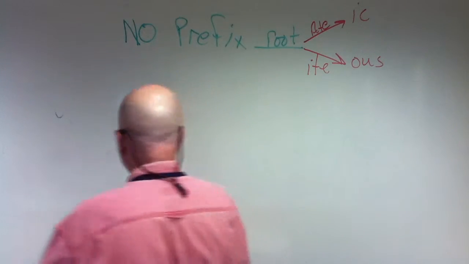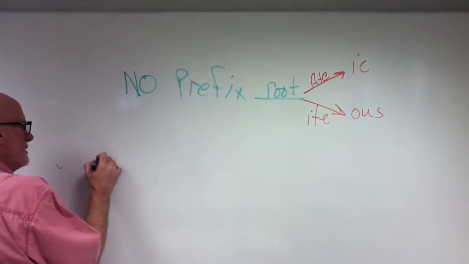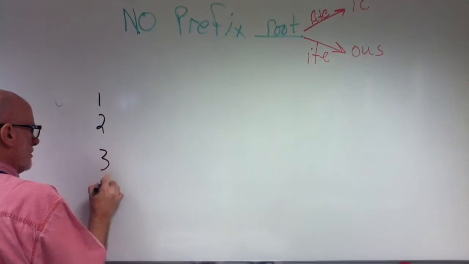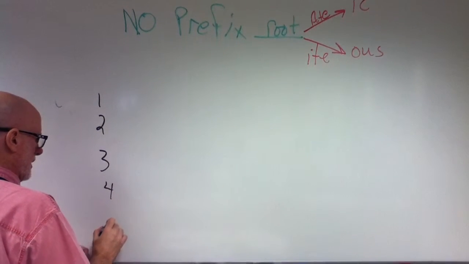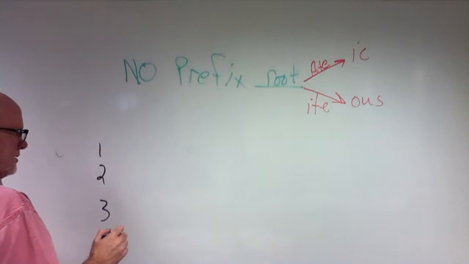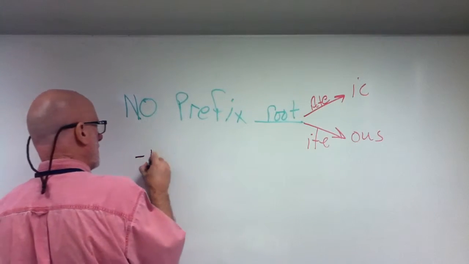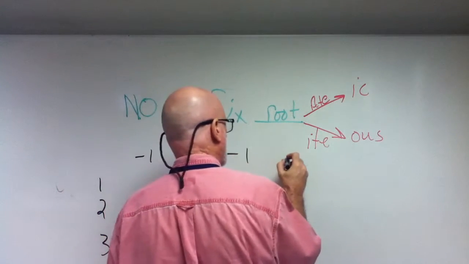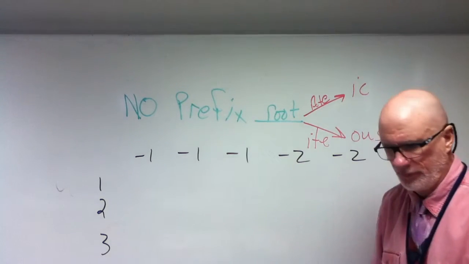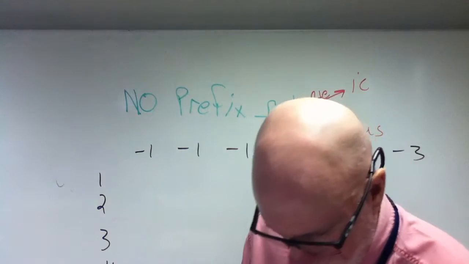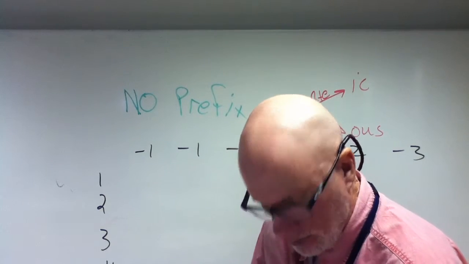For instance, this is the number of oxygens, and then this is -1, -1, -1, -1, -2, -2, -3.